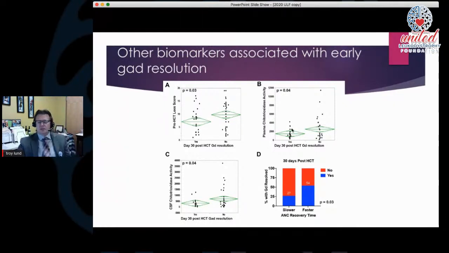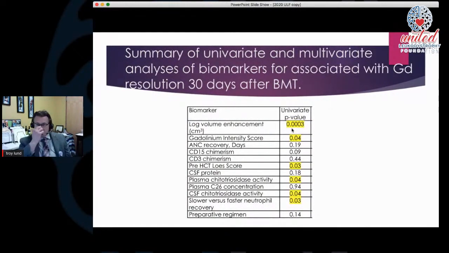So these are the types of pre-transplant and post-transplant variables that I looked at in the entire model. And then when we get down to concluding this, these are the variables I looked at, as I've been telling you: log volume enhancement, gadolinium intensity score. I looked at donor status of the myeloid cells and the T cells.